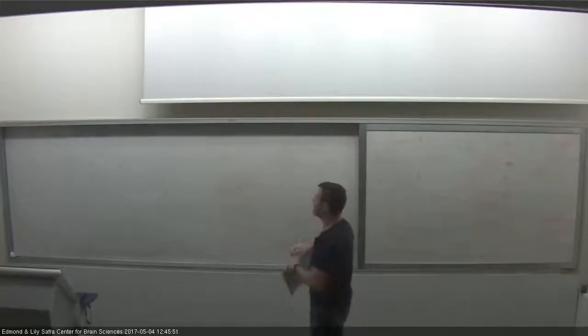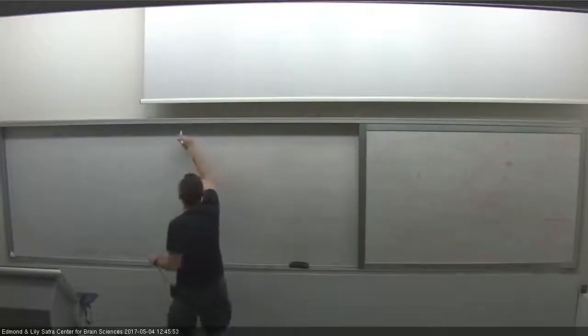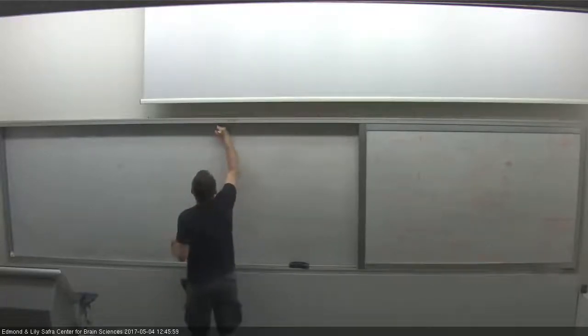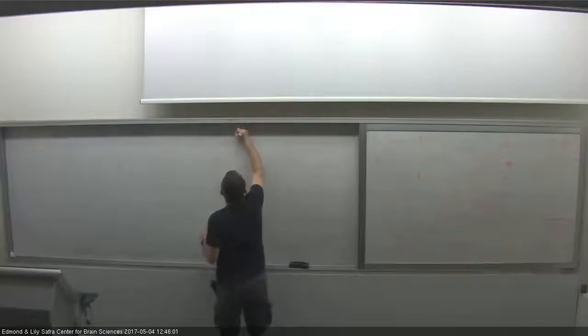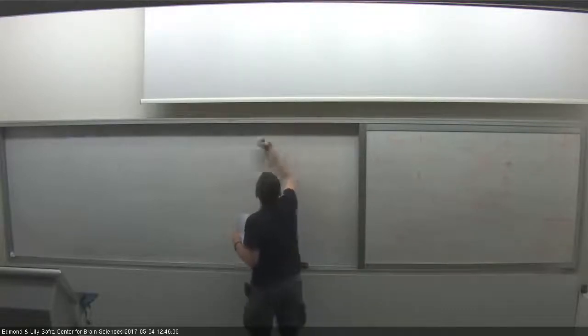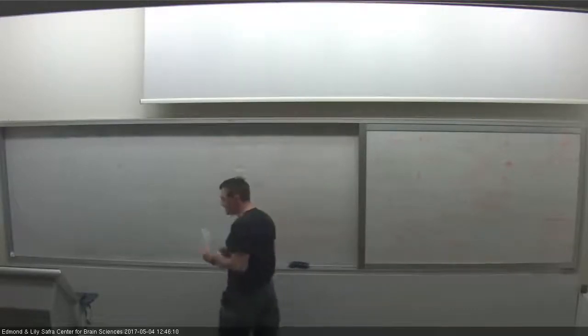I'll present the model, and we will discuss the model and its limitations. The model is named after John Hopfield from Princeton. Hopfield is still alive, I think, but pretty old.